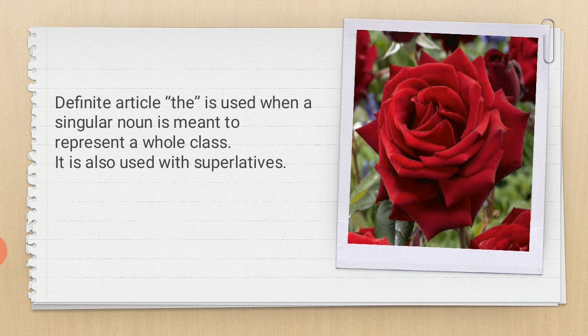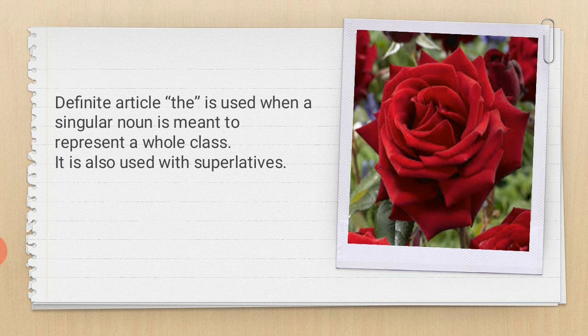Children, to be more clear, the superlative form of an adjective is used to show something has the quality to the greatest or the least degree. Okay, take an example of any adjective like good. Its comparative degree would be better, and its superlative degree would be best.